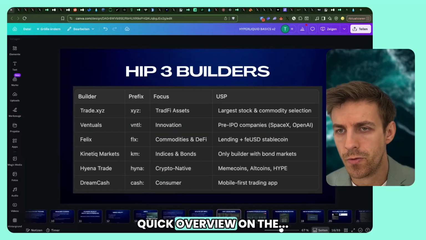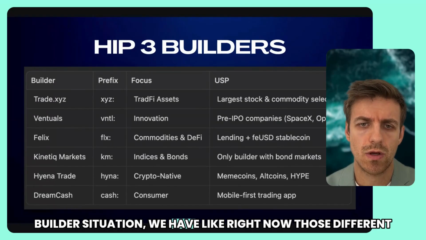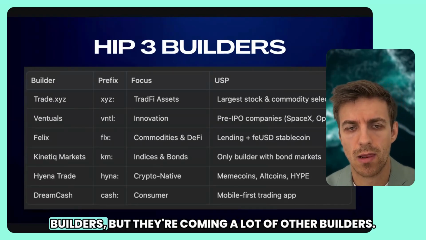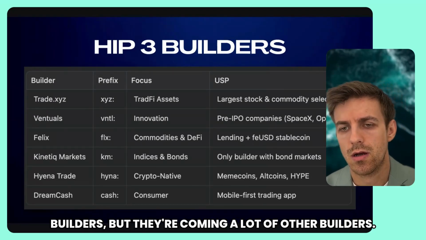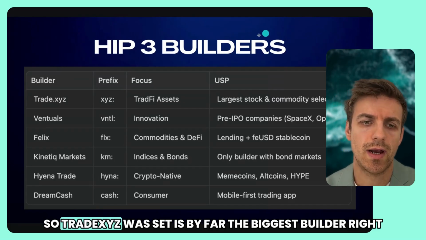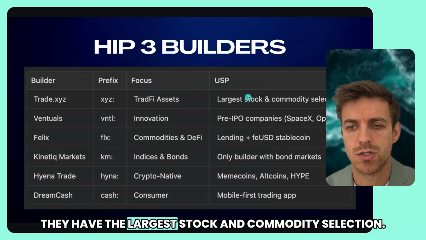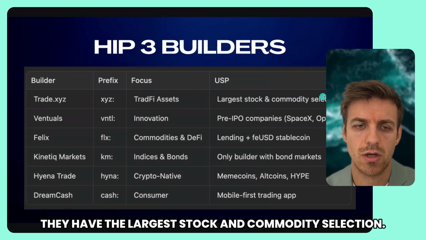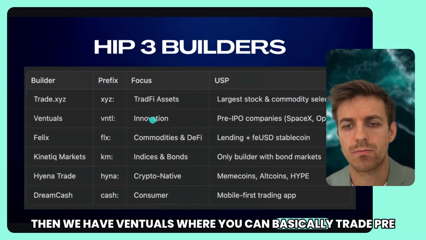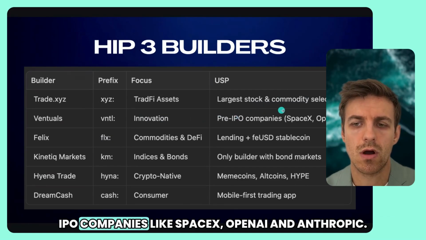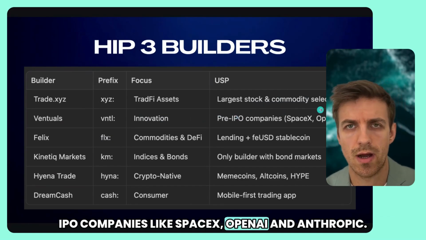Quick overview on the builder situation. We have right now those different builders, but a lot of other builders are coming. TradeXYZ is by far the biggest builder right now. They have the largest stock and commodity selection. Then we have Ventuals, where you can basically trade pre-IPO companies like SpaceX, OpenAI, and Anthropic.